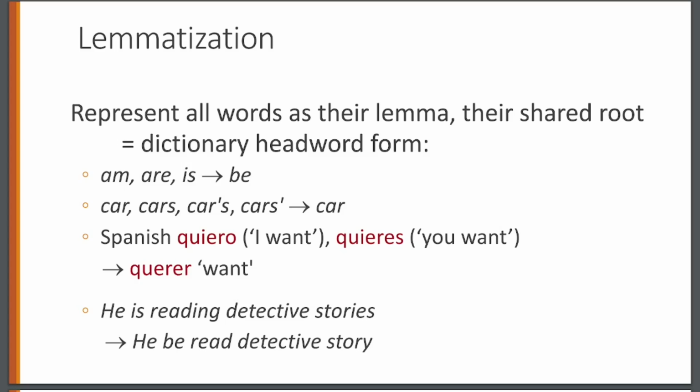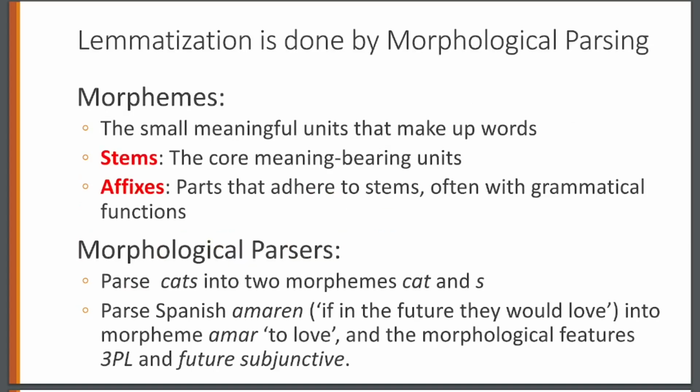Verbs that happened in the past are still the same words as verbs that happen in the present. Like he is reading detective stories, which is happening currently, or he was reading detective stories. In this case, is and be should be recognized as the same word, just expressed differently in two different sentences.